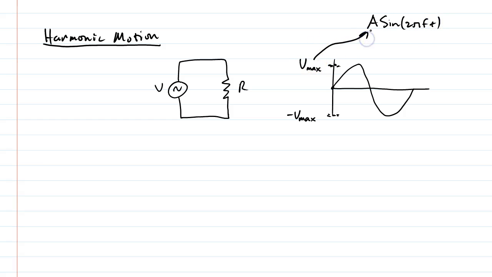So this V max is going to be your amplitude. What I'm getting at is that in an AC current, the voltage is always changing. In a DC current, you have a theoretically constant voltage that is always there. And so depending on the time, the voltage actually varies between the positive maximum and the negative maximum.